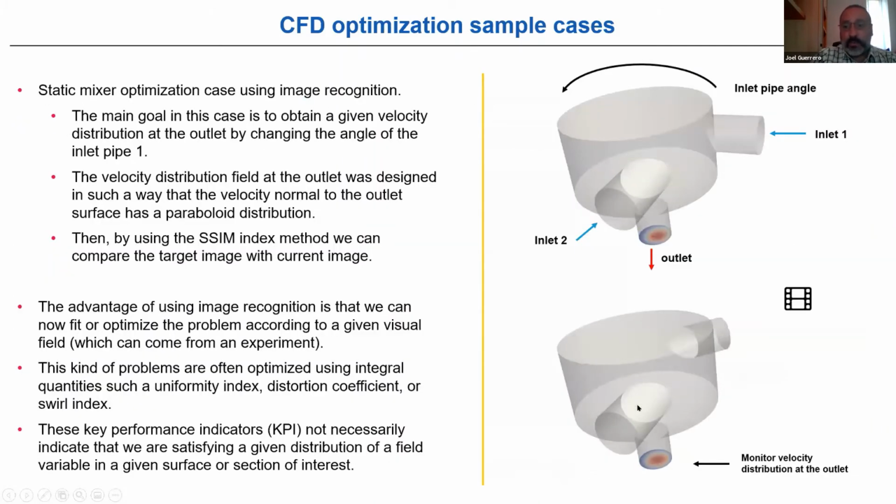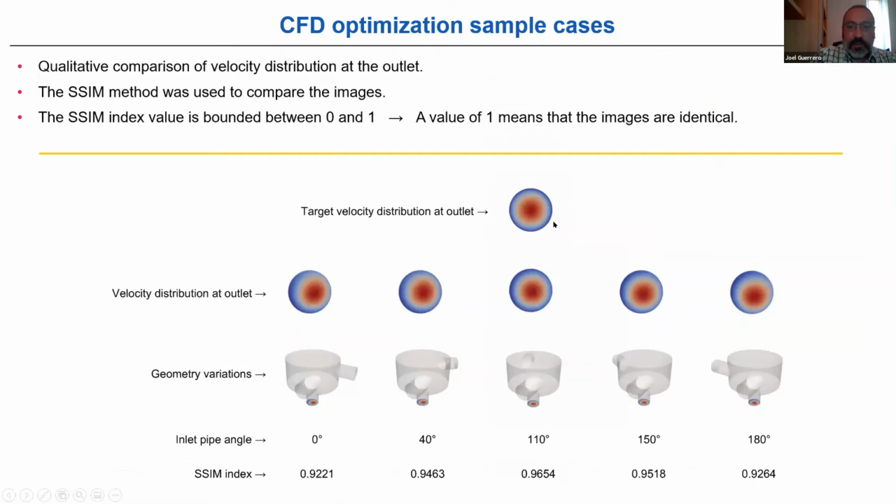And this is what we're pushing now. We visualize, but we also compute some quantities. In this case, we have a target distribution, this one. We change just the angle of the inlet pipe, and by using this criterion, the similarity index, we see that the closer this number is to 1, the better it is.